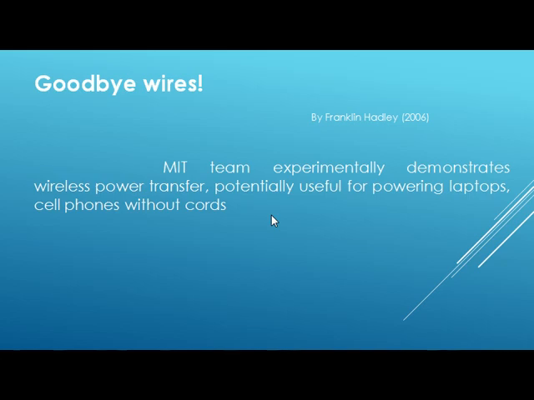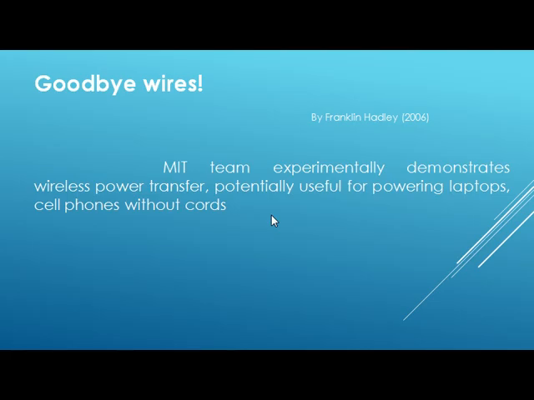It was potentially useful for powering laptops, cell phones without cords. When the equipment is brought into range of the source, it gets charged automatically. It doesn't need any battery or any kind of device when it is in the range of the source.